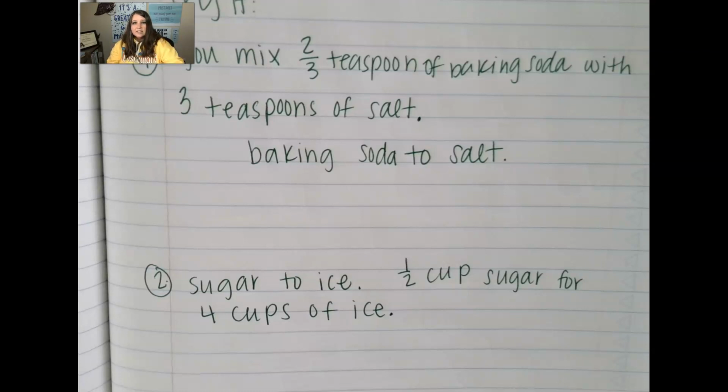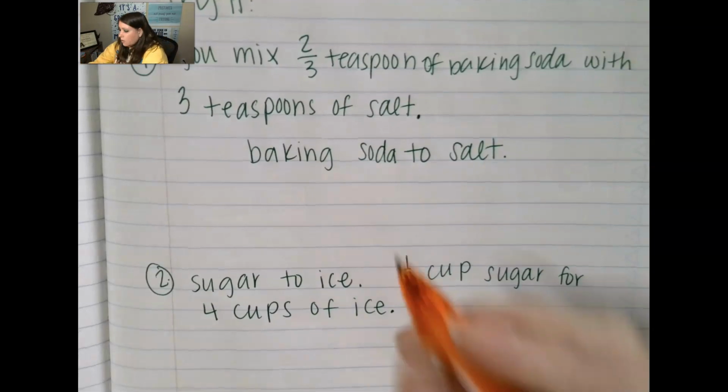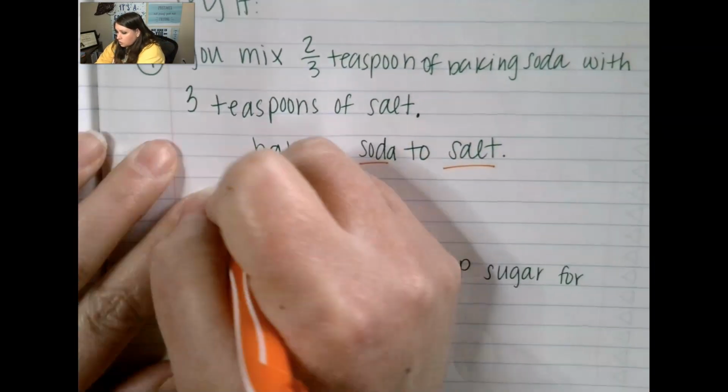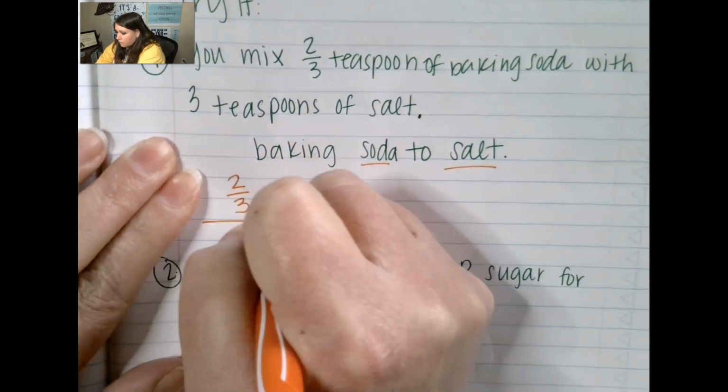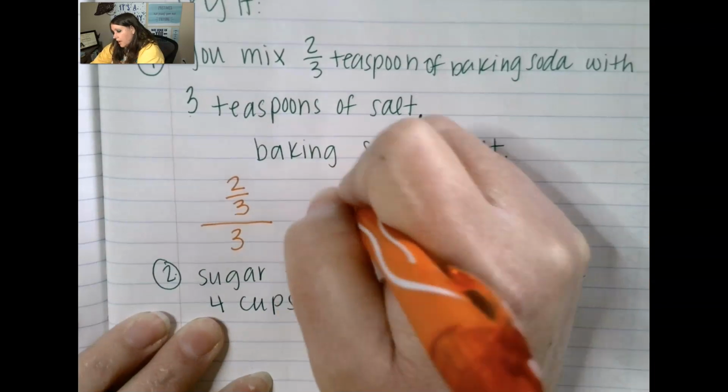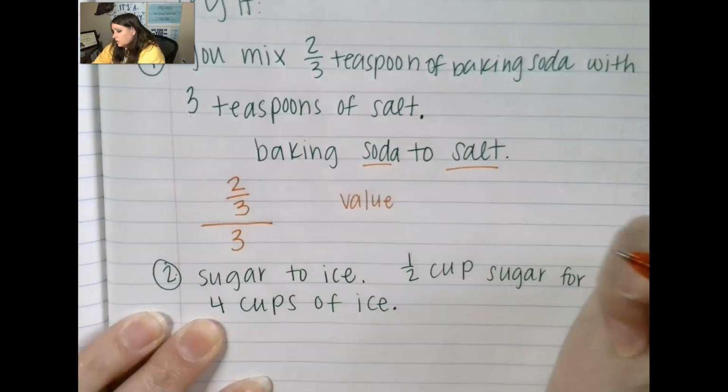Where are you at? All right, number 1, first we're gonna make a ratio of soda to salt. So 2/3 for every 3 teaspoons. The value is just division.